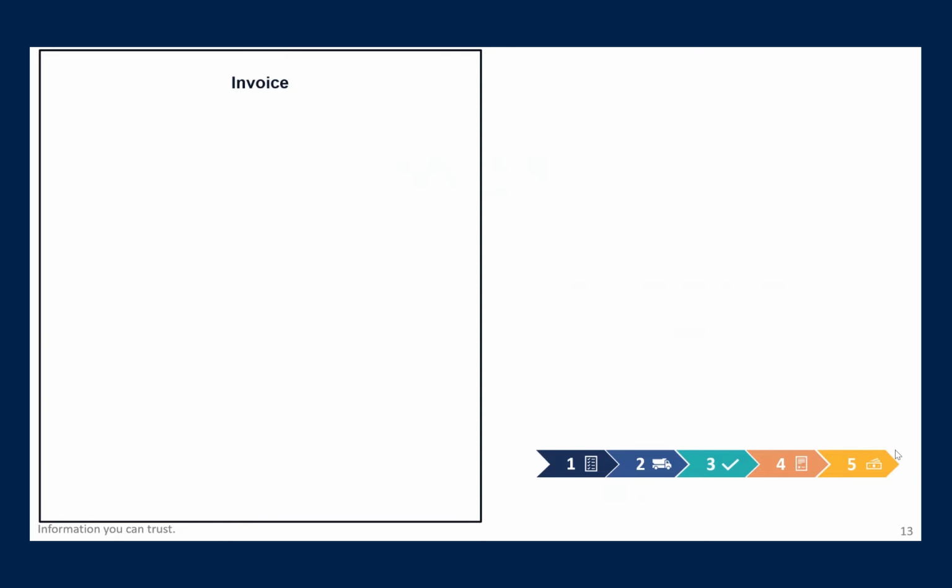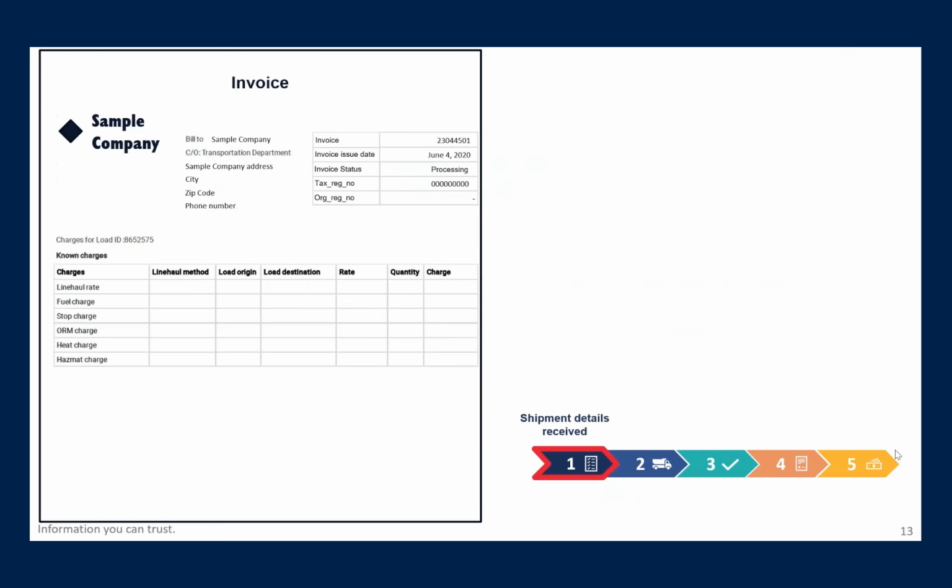So step one, the tender has been accepted, and immediately we can start building and generating this invoice. We know the bill to party is Walmart. We know the carrier that is providing the service. We know the type of shipment. Is it a full truckload or less than truckload? We know the origin destination pairs, plus the number of stops that will be incurred either at pickup or delivery. What's the total distance of this shipment?